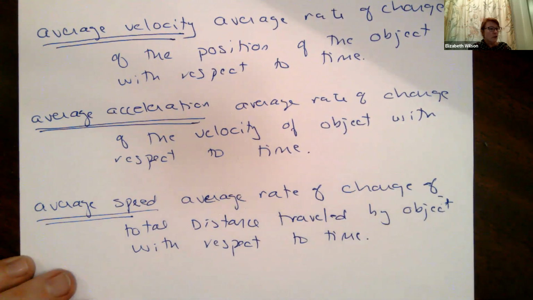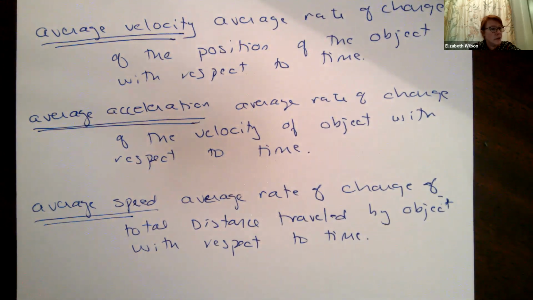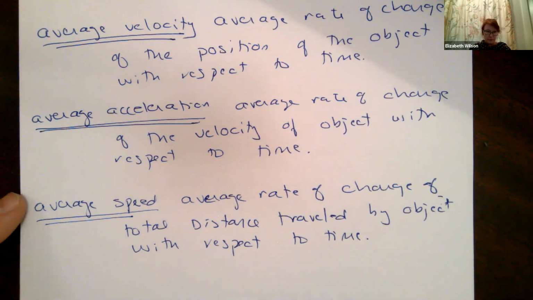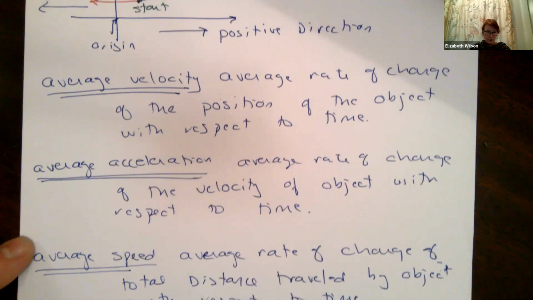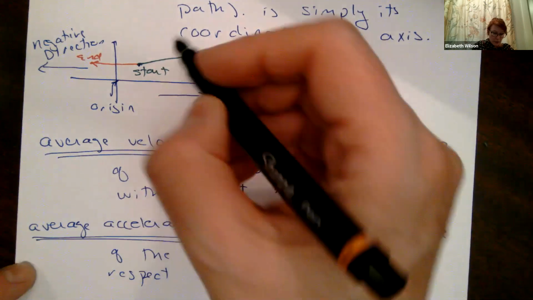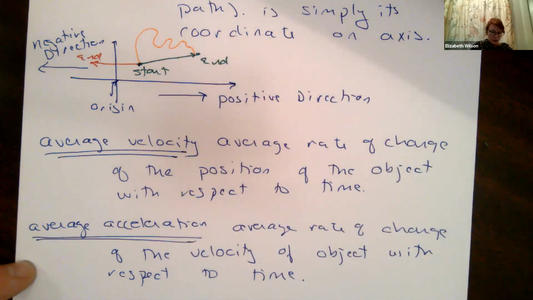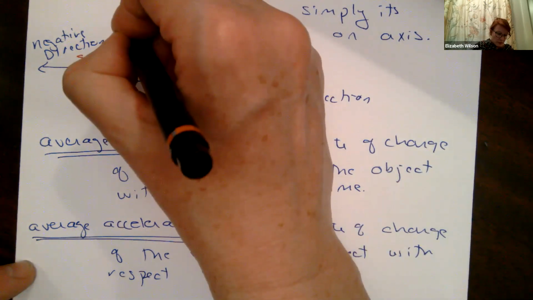Okay. So we did, our position started here and ended here, but imagine if I wandered all around, it took me a while to actually get there, right? This is my total distance traveled.